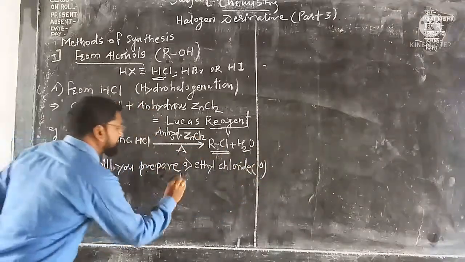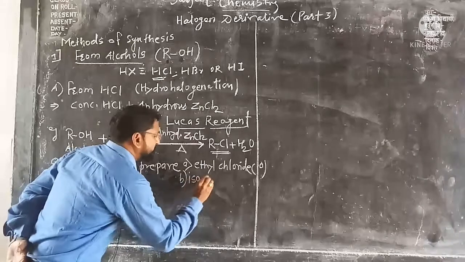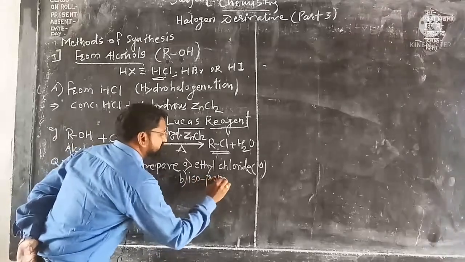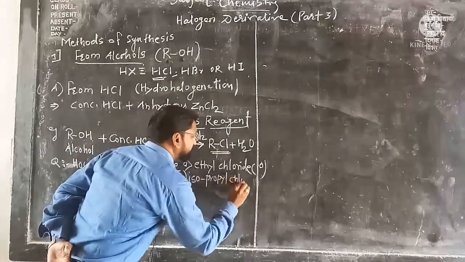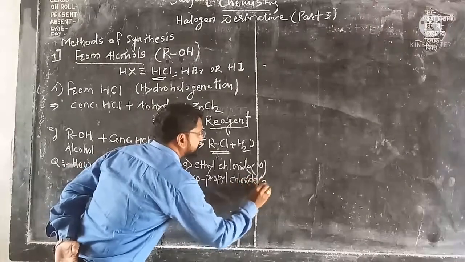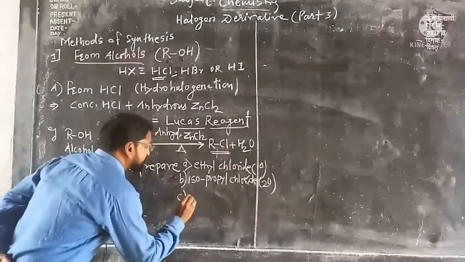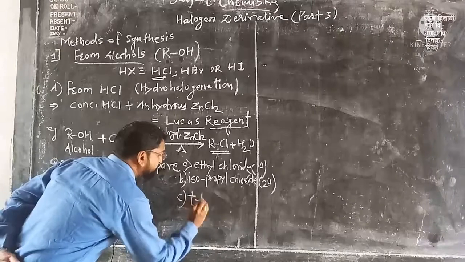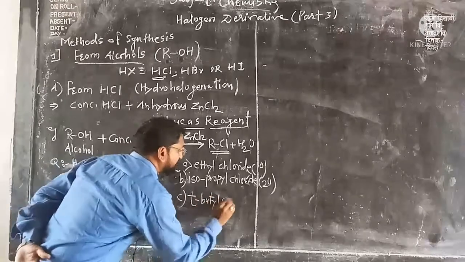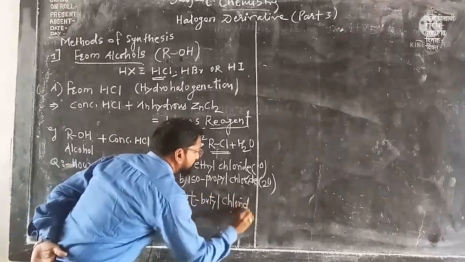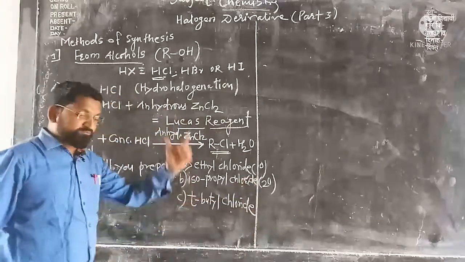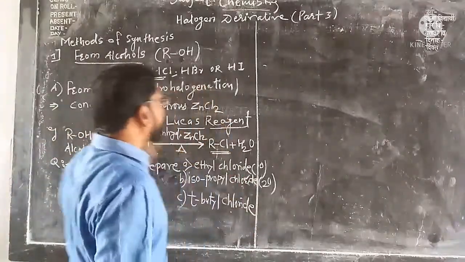After that, isopropyl chloride, which is 2 degree, and next is the tertiary one, that is T-butyl chloride. So let us see their preparation one by one from HCl and alcohol.